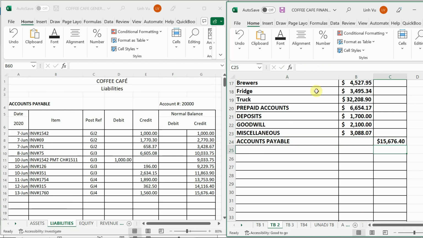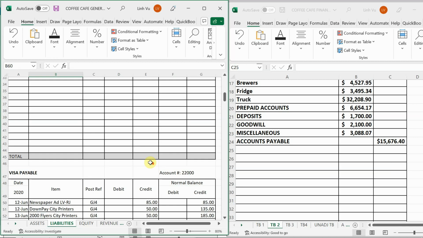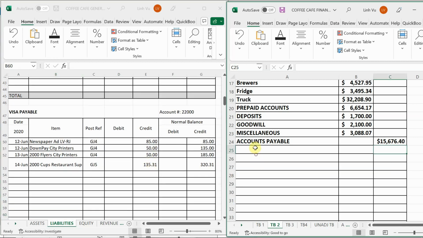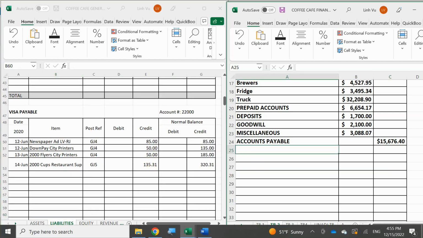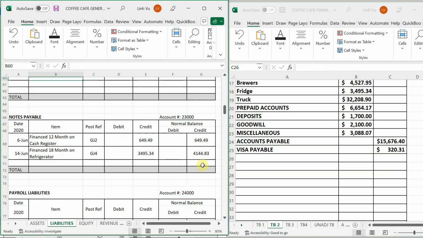Okay? A lot that we owe. I also opened up a Visa credit card, right? We finally got to use our Visa payable, right? For a total outstanding balance of $320.31. Okay.